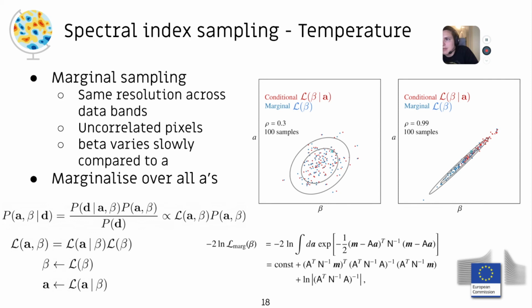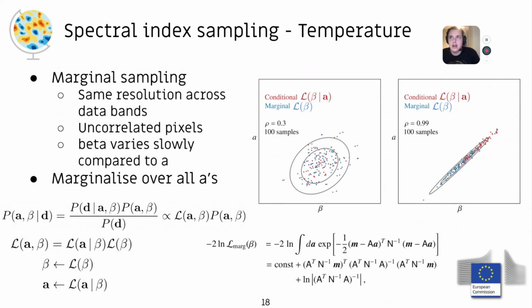Similar to the one that we had previously, we now just integrate over all possible amplitudes for the likelihood. And you see that the final likelihood is not dependent on A. So that's independent of A. And then the next step is sampling the amplitudes given the beta, which again means that we need to sample the betas before we sample the amplitude.